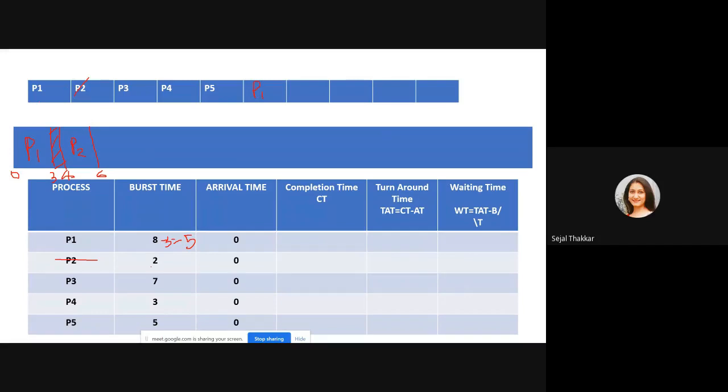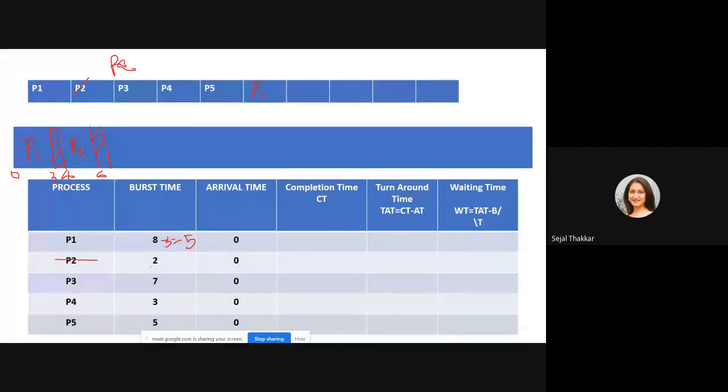Now before P3 moves from the ready queue to the running state, we have to save the state of this process, and again there is a context switching, which takes 1 unit.